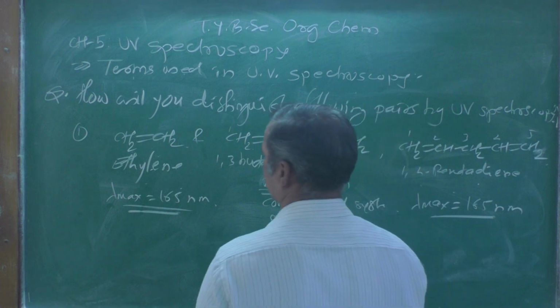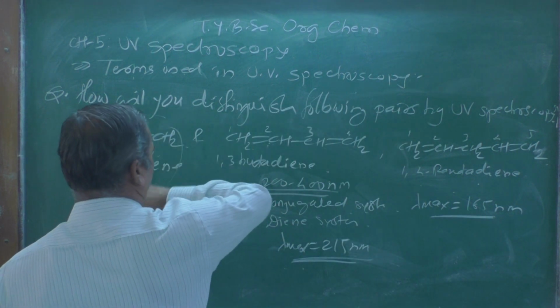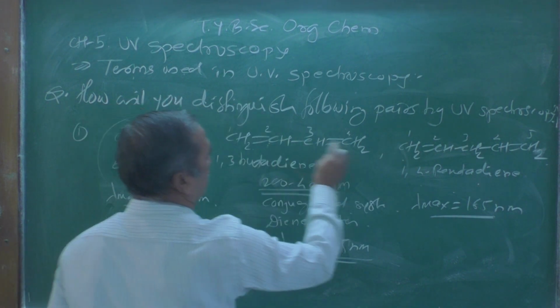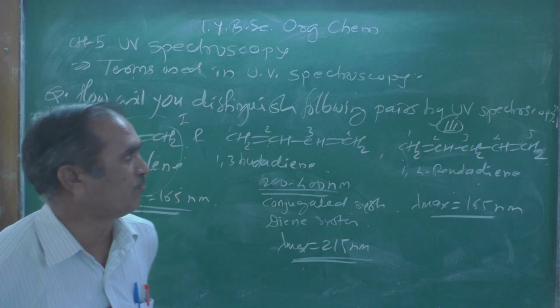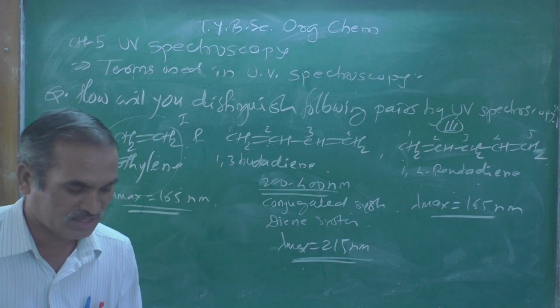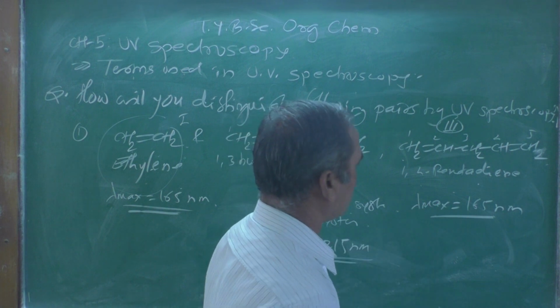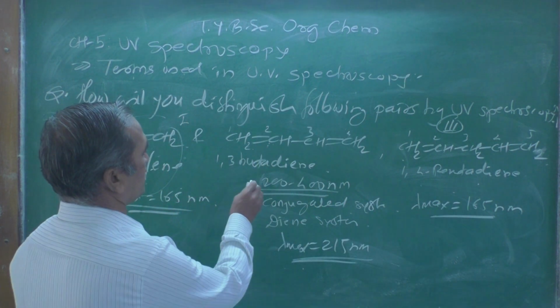Once again, we cannot distinguish the first and third molecules by UV spectroscopy, because both are isolated systems and both will produce a signal at 165, so we cannot distinguish them from each other.